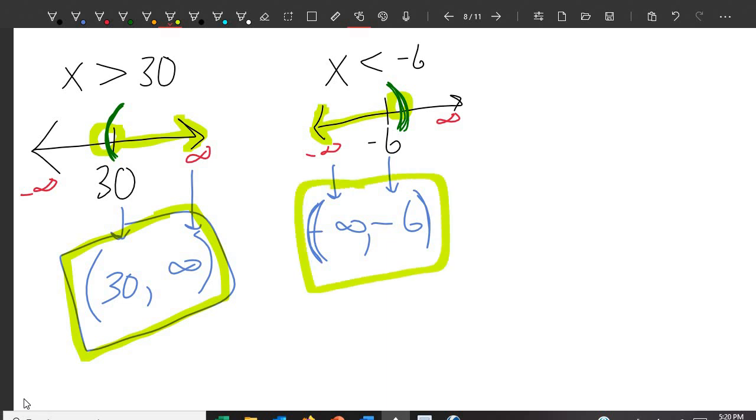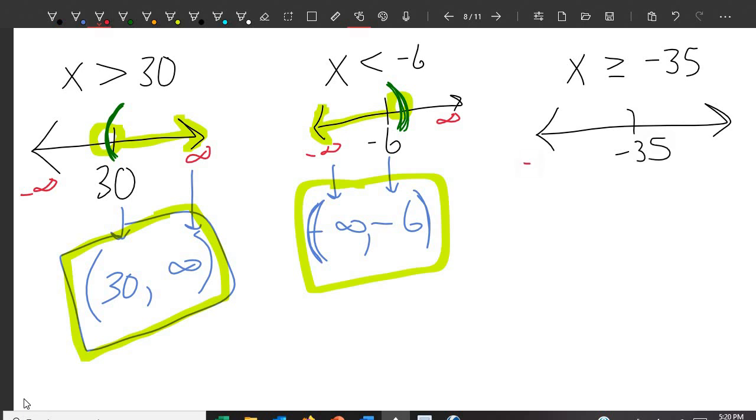Alright, I'll do one more. Let's do a greater than or equal to. X is greater than or equal to negative 7. Oh, let's do negative 35. Why not? So put the negative 35.